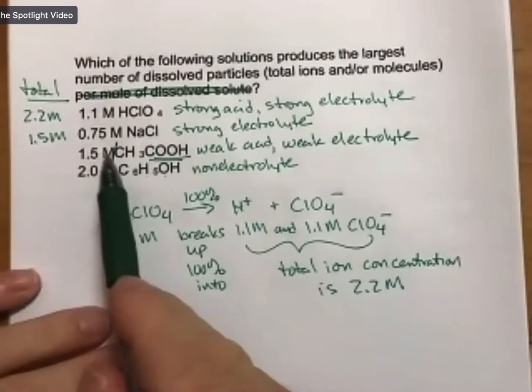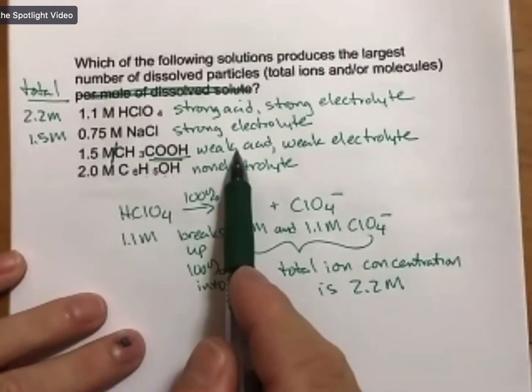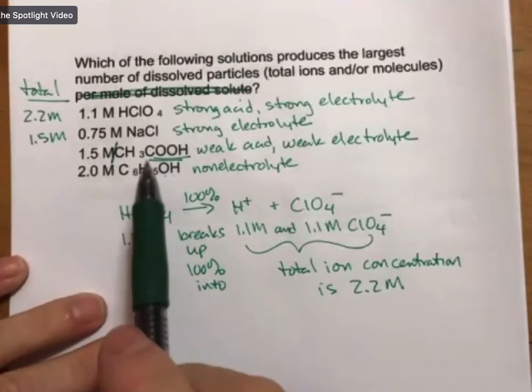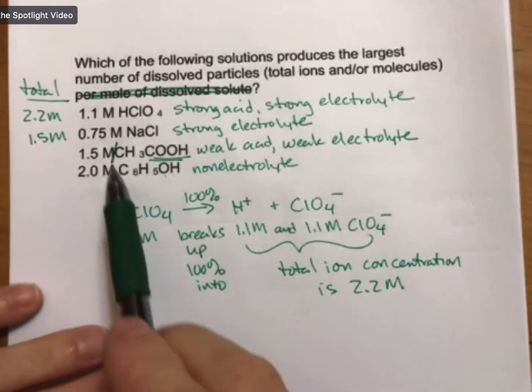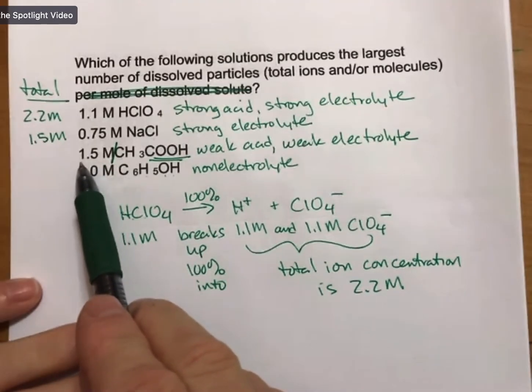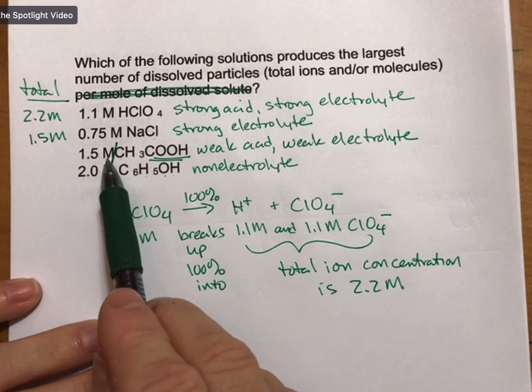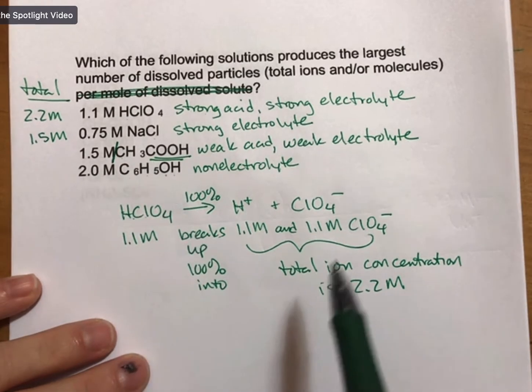Now, let's talk about this weak acid. A weak acid will break up less than 5% into ions.